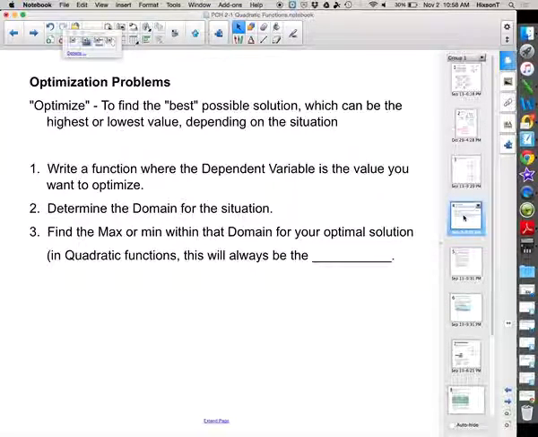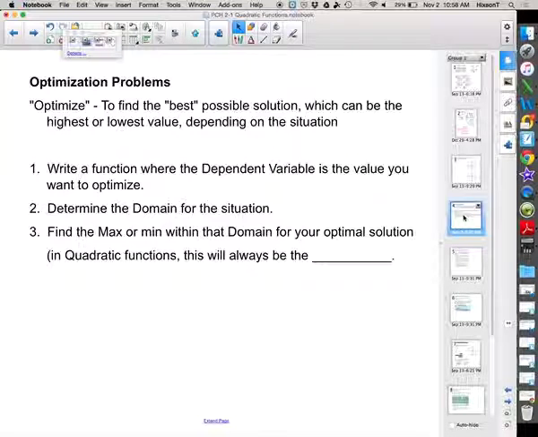Okay? Or the range may be that we can't have negatives. Okay? And if our dependent variable can't be negative, that obviously would then limit what our domain could be. Okay?